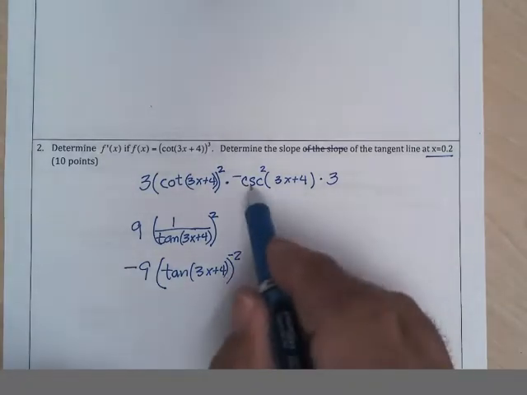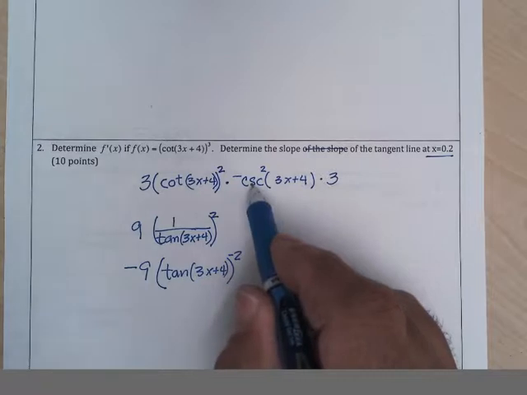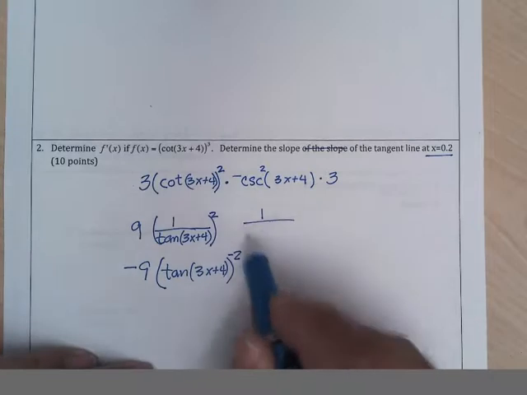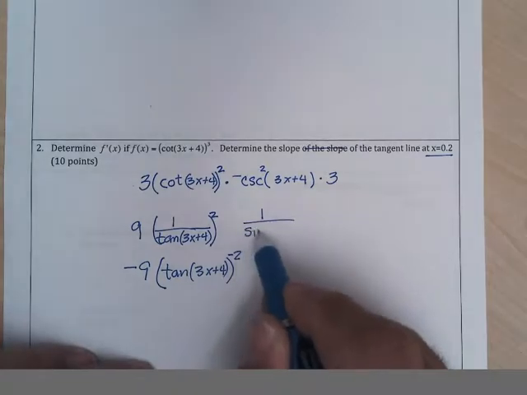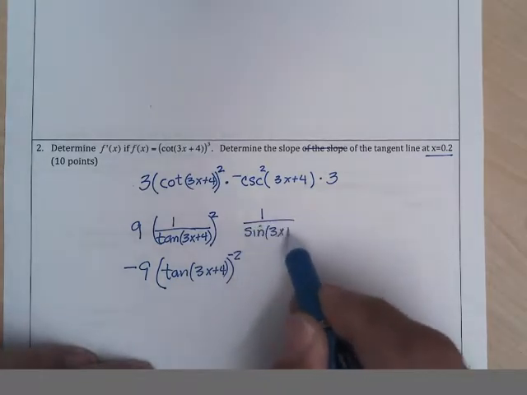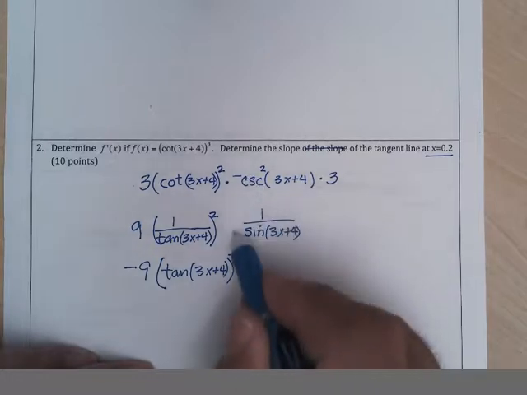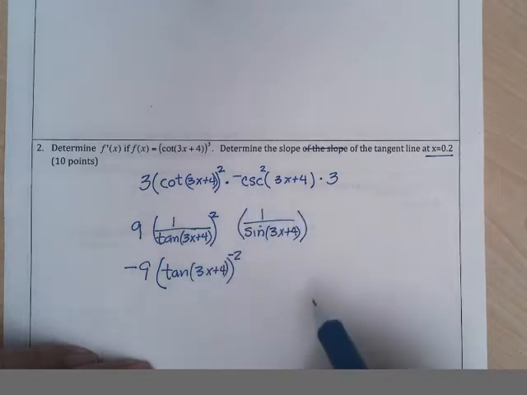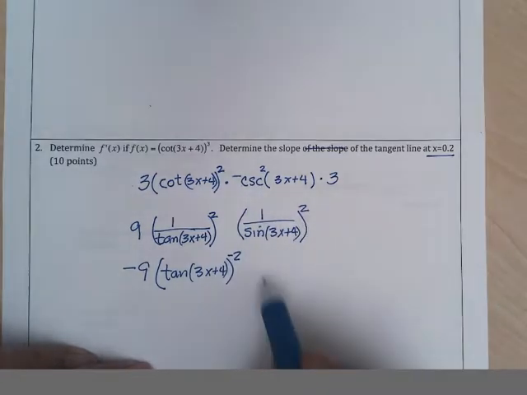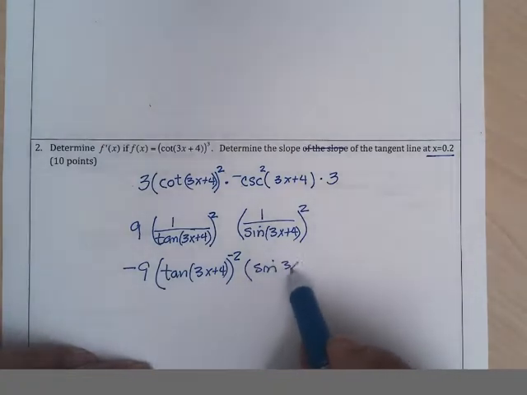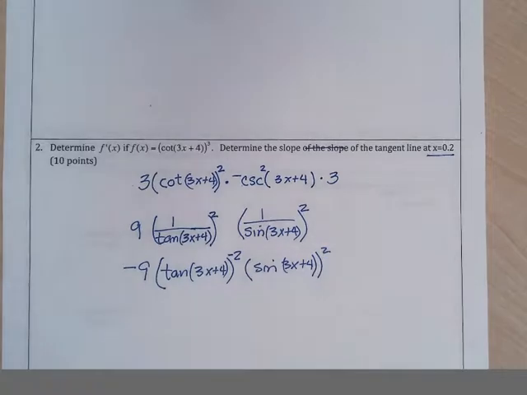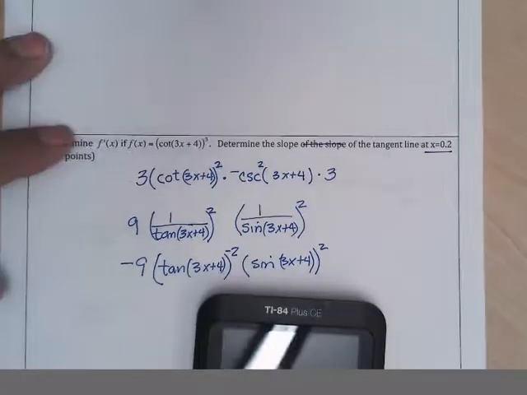And then cosecant is 1 over sine, so we could type this in as 1 over sine of 3x plus 4, and again the whole thing is squared, not the minus. The minus was not squared, just the cosecant is squared. Or we could type it in as sine of 3x plus 4 to the minus 2.